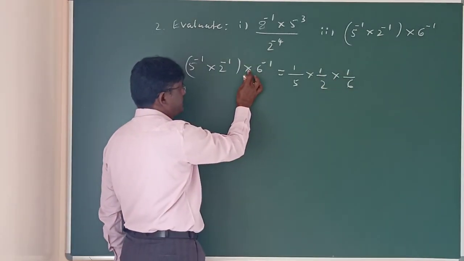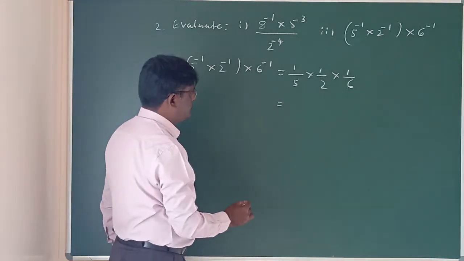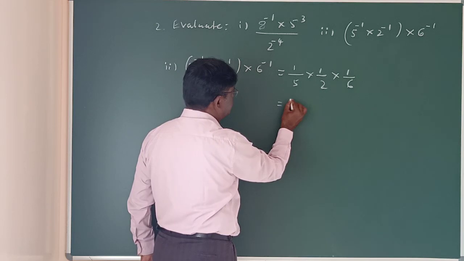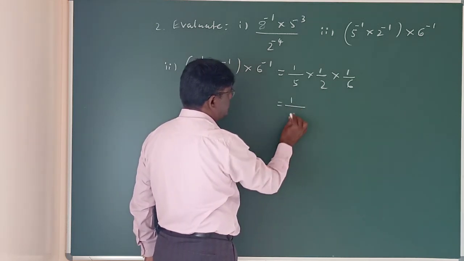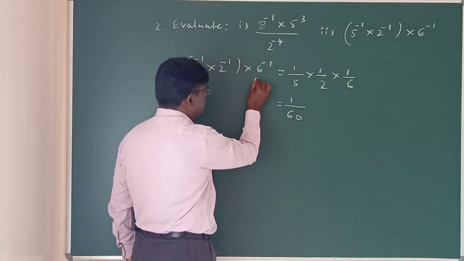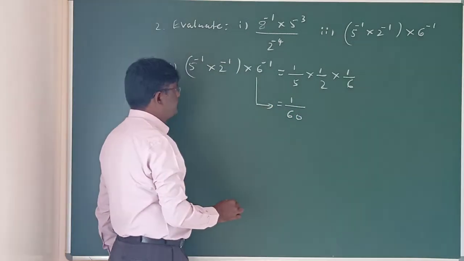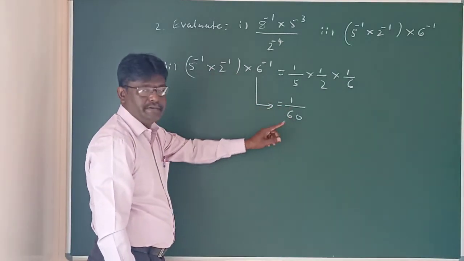Since here it is product, write directly. Okay children, then now this is written as what? 1 by 5 2s are 10, 10 into 6, 60. So thus the value of the given exponential form is 1 upon 60.